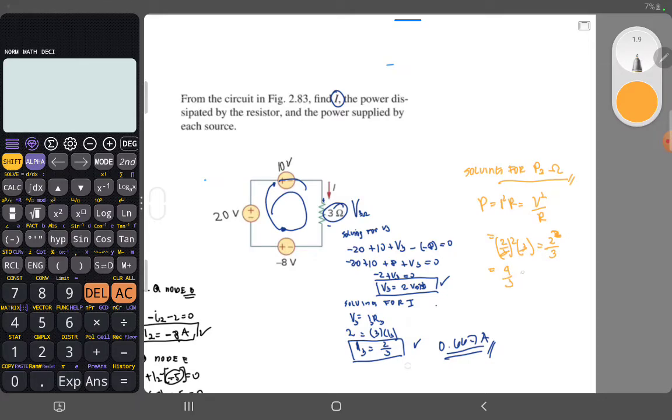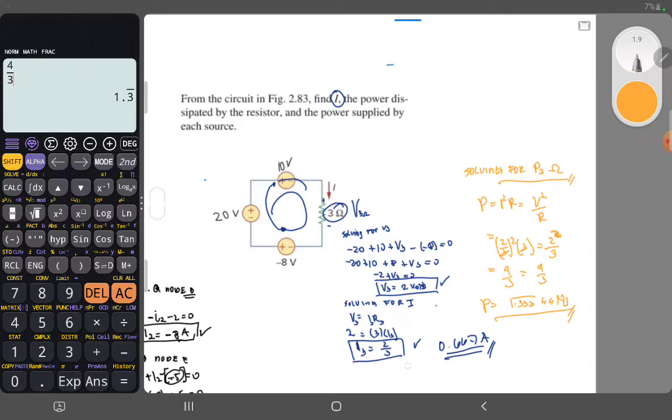Ganun lang din dito. So therefore our power is equal to 4/3, which is equal to 1.33 watts. This is our power.